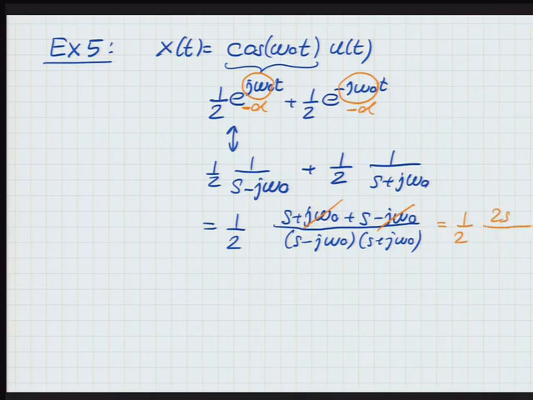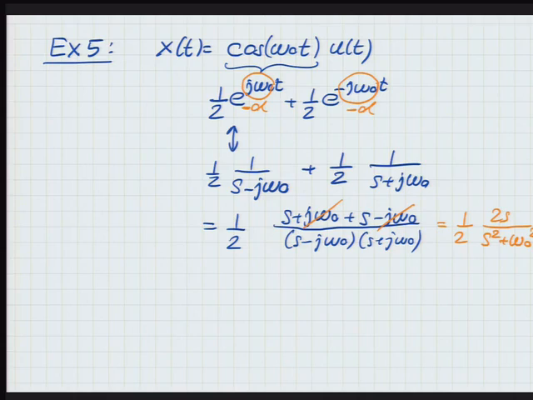So what happens in the denominator, though? Can you just look at that very special form of the denominator and say, that's just s square plus omega naught square, right? Something like s minus b times s plus b is s square minus b square, right?